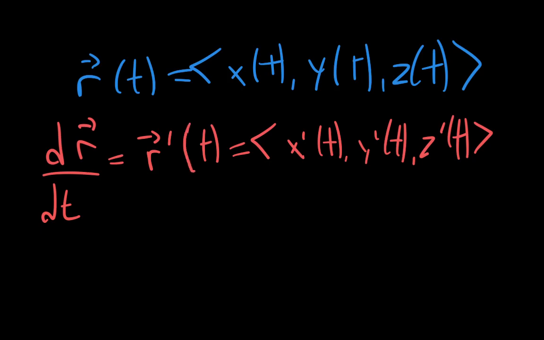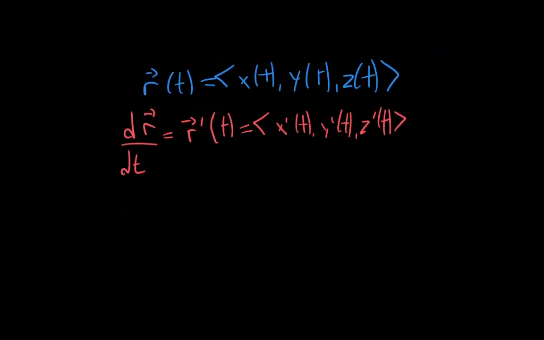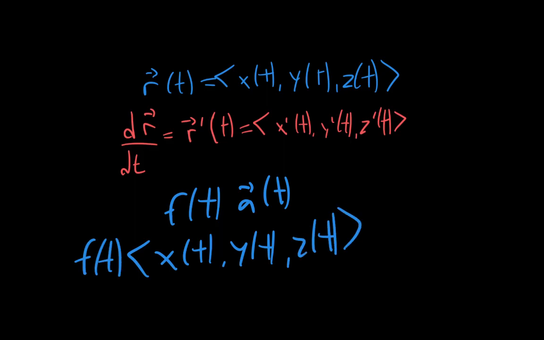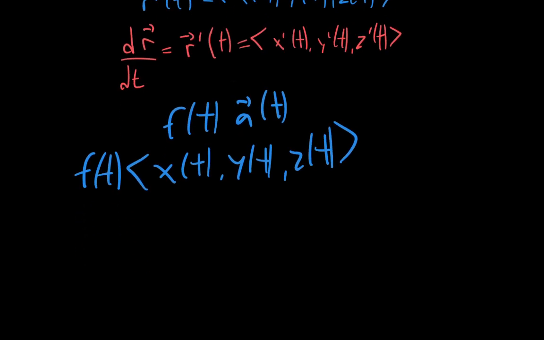Because vectors are a little bit different than scalar functions, we can actually have something like f of t and a of t, and we can actually put a of t as components. Let's say x of t, y of t, and z of t, and that's getting multiplied by the function f of t. And then we want to differentiate that.